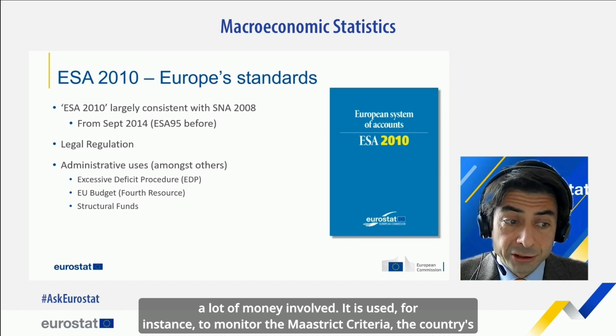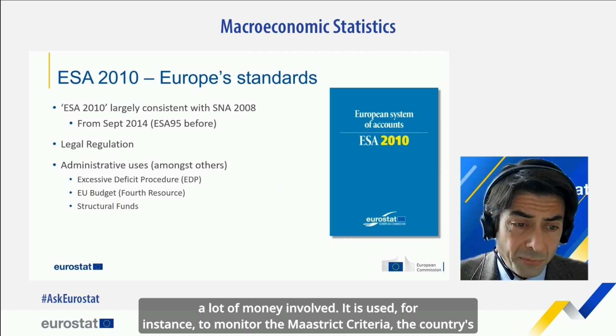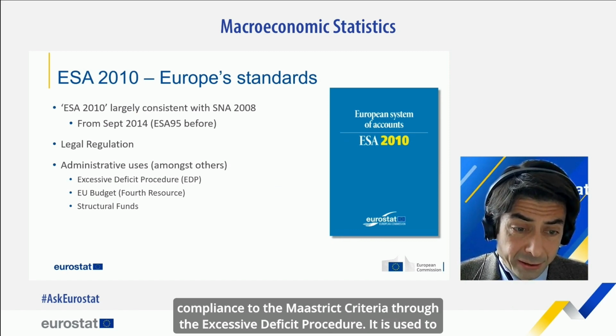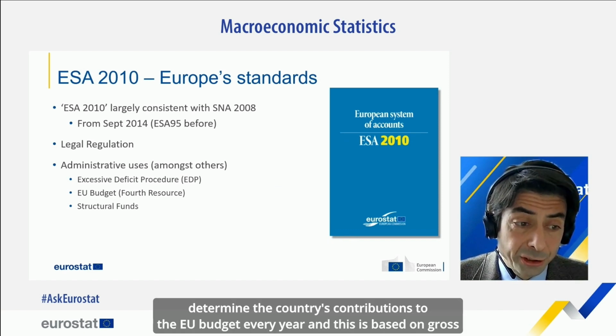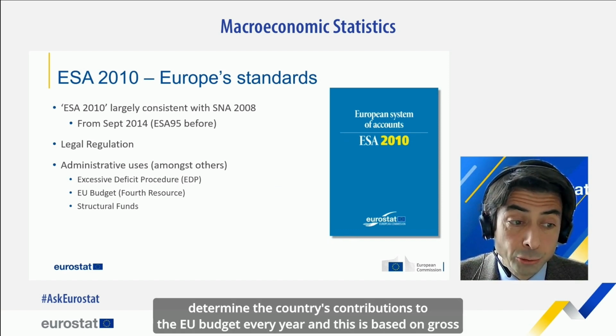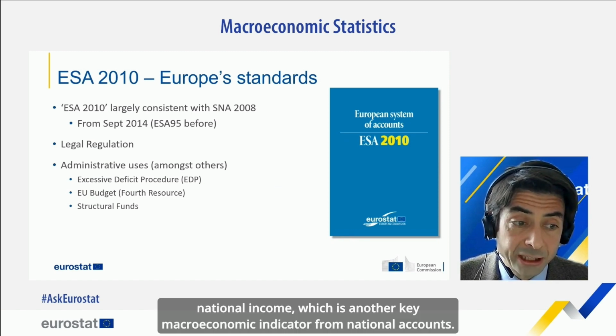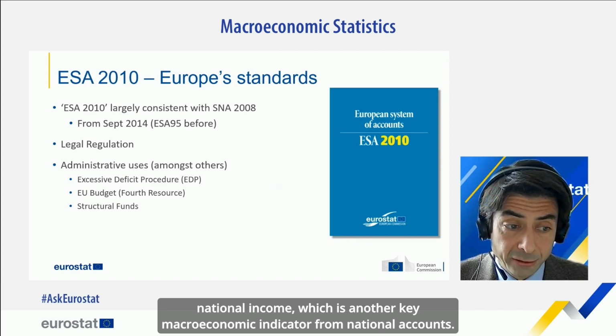It is used, for instance, to monitor the country's compliance to the Maastricht criteria through the excessive deficit procedure. It is used to determine the country contributions to the EU budget every year, and this is based on gross national income, which is another key macroeconomic indicator from national accounts.